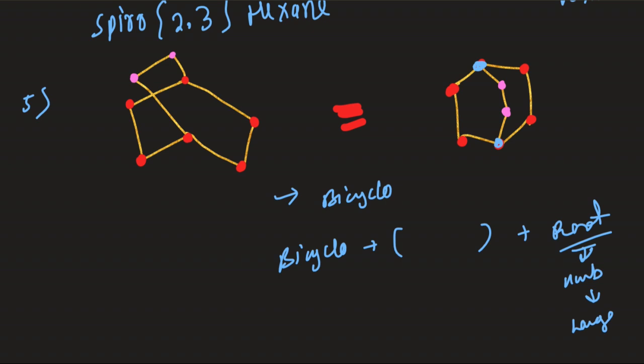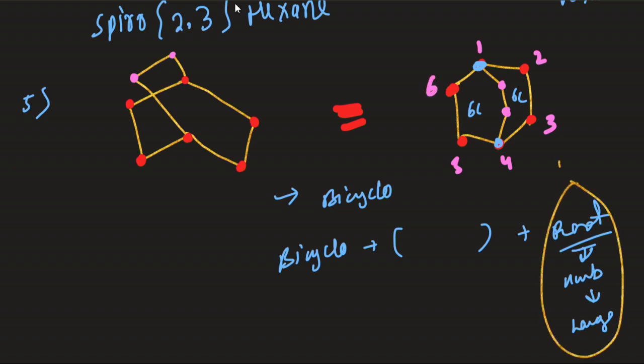Can I say this is a 6-membered ring? This is also a 6-membered ring. So you can start from anywhere. Both are the same. But should I start with the bridge? Yes. So therefore 1, 2, 3, 4, 5, 6. So based on this, the root word is nothing but hexane.